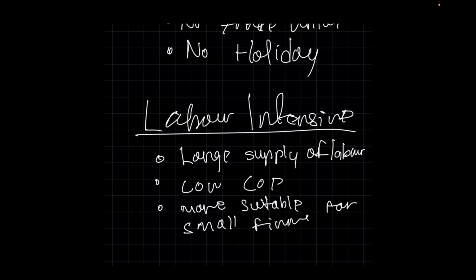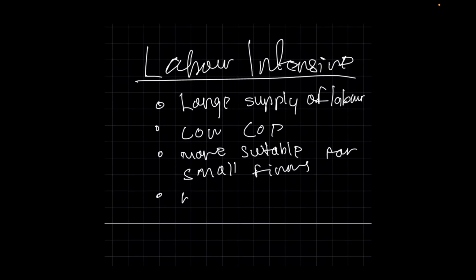Another important idea is that it is quite important that workers are mobile. When you have a labor intensive production method, workers must be mobile. Mobile basically means they could be geographically mobile or occupationally mobile. Geographically, they should be able to move from one place to another. They should be flexible. Occupationally, they should have the ability to do different kinds of jobs.